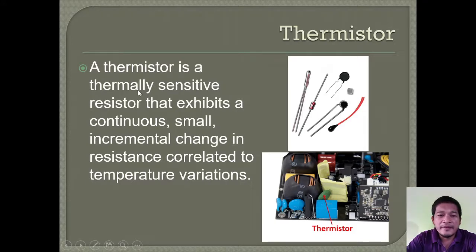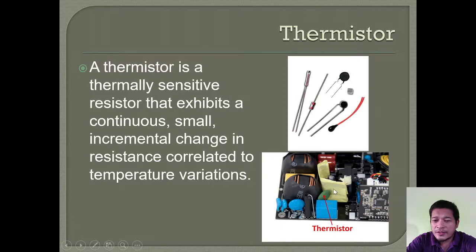A thermistor is a thermally sensitive resistor that exhibits a continuous small incremental change in resistance correlated to temperature variations. Usually in a power supply, it is connected to the transformer and to the heatsink of the regulators. Once it senses an overload, for example when the load of the power supply is large, the more current goes to the inductors, the more they heat up.